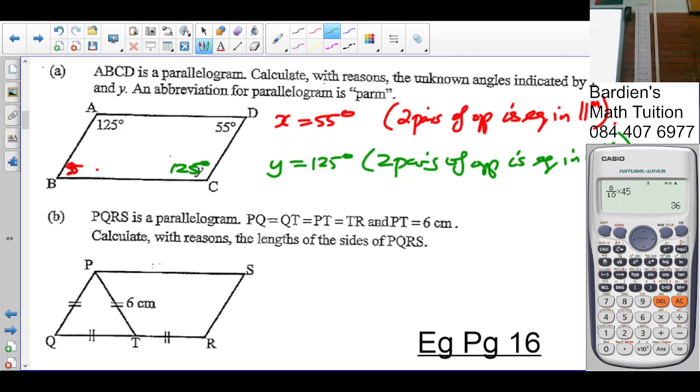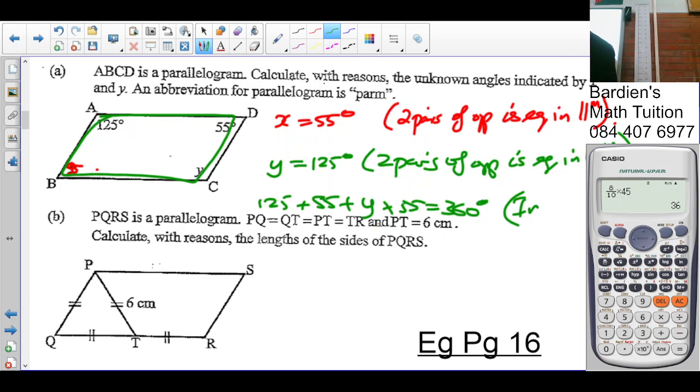She said that instead of using opposite angles of a parallelogram, you could have said 125 plus 55 plus y plus 55 equals 360. And the reason here would have been interior angles of a quadrilateral add up to 360.